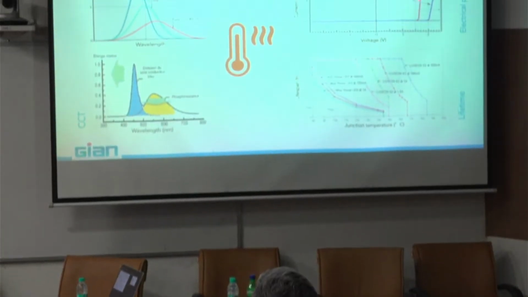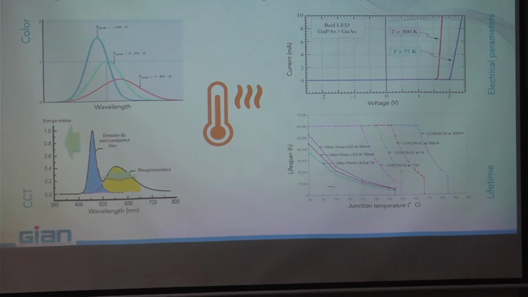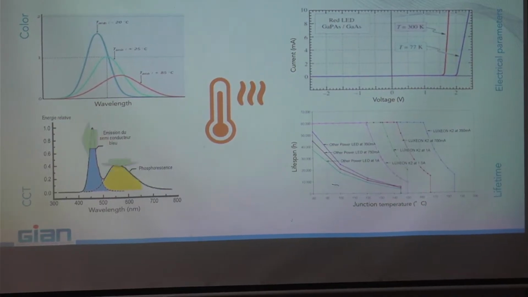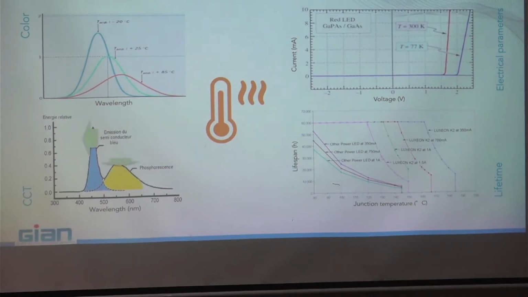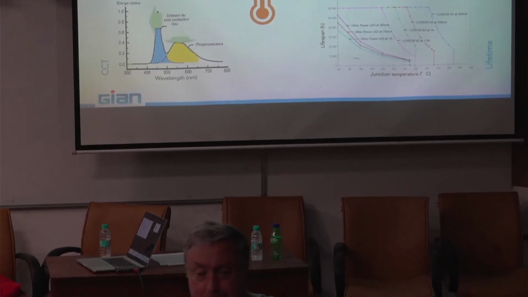And if the voltage threshold is decreasing, as you are in the exponential part of the diode, you increase very rapidly the current.